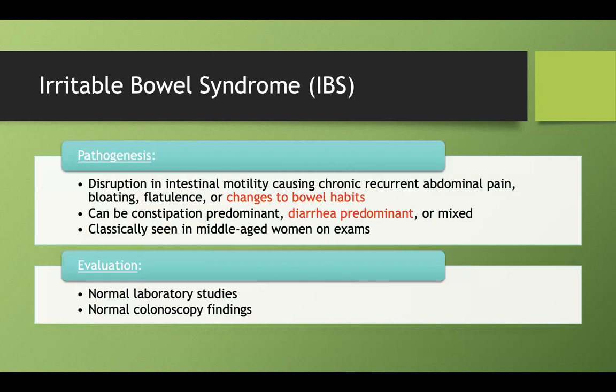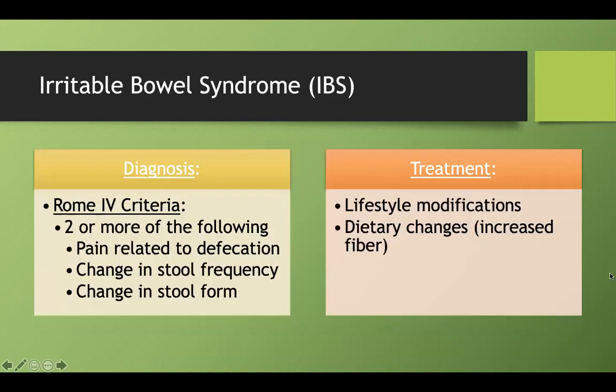I just wanted to point out, in the setting of chronic diarrhea that we're talking about, IBS-D would be diarrhea predominant IBS, and that's kind of what we're referring to here. And here's your Rome criteria. Always remember, they're going to mention this sort of pain related to defecation if they want you to pick IBS on a question stem of an individual with chronic diarrhea.